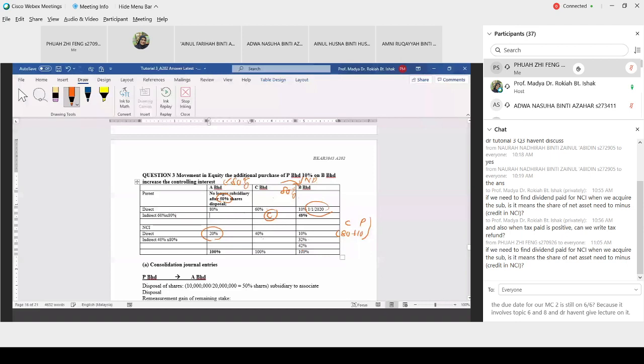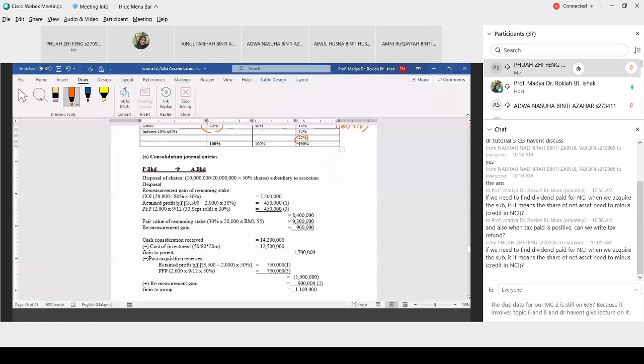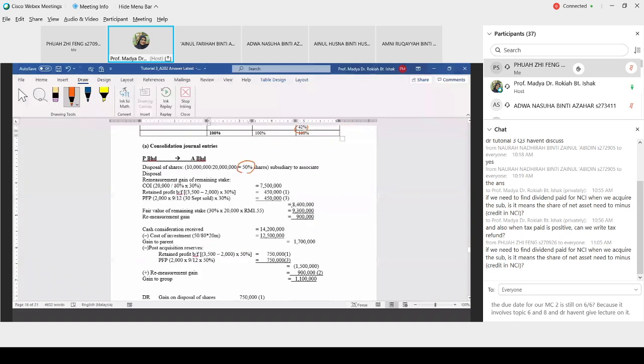Now we're going to look at the journal entry. P disposes shares in A, so the holding becomes 10%. You dispose 50%, so you need to find the NCI. The NCI here is 20 million divided by 80%, which is to find the value of the company as a whole, because it says that the NCI is measured using the fair value.